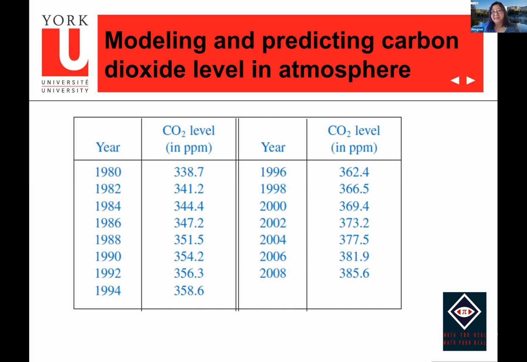From those numbers, we want to ask what is the CO2 level in 2050, when you guys grow up, or 2030, and then how do we prevent the increasing CO2 level and so on. From this table, what we can see obviously is, is the CO2 level increasing or decreasing from 1980 to 2008?